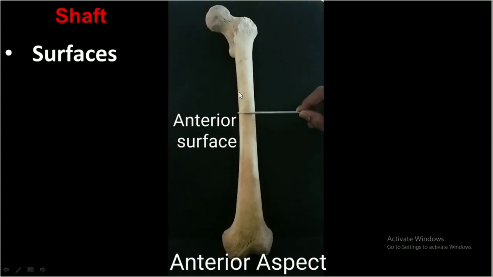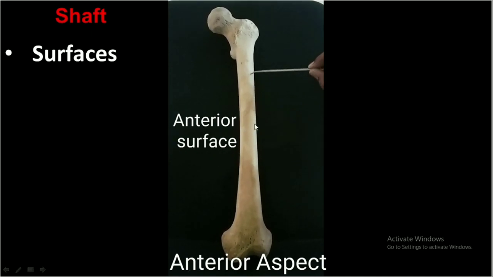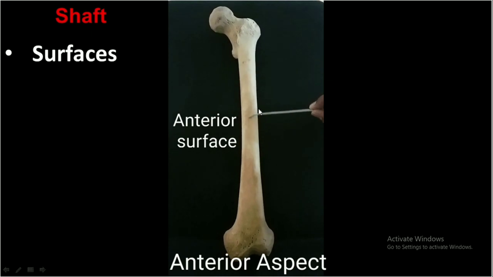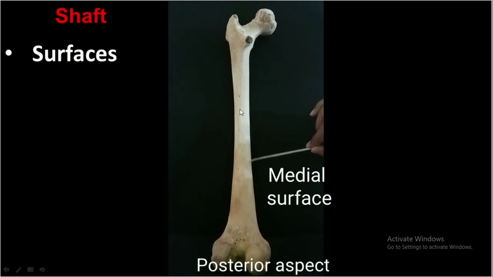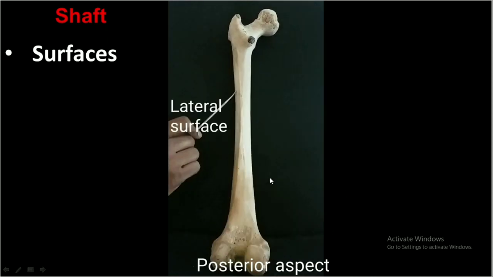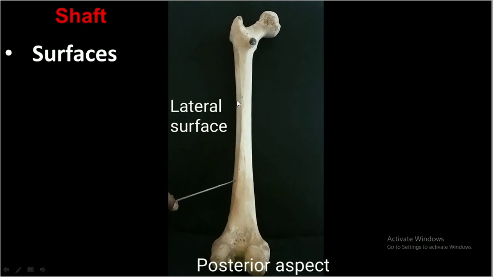So this is the medial surface. The lateral surface is present between the posterior border and the lateral border.